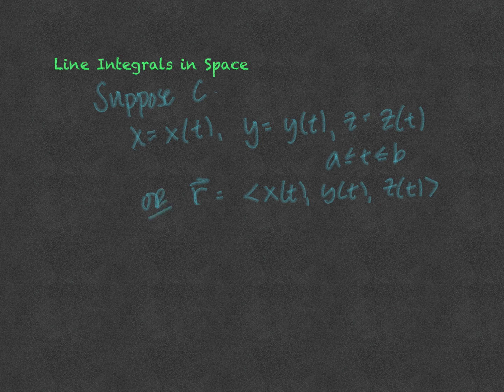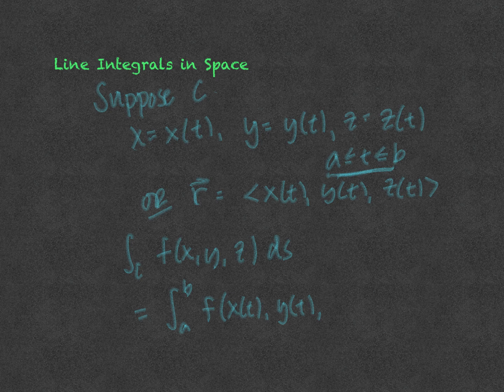So if f is a function of 3 variables and it's continuous, then the line integral is defined as the integral over C of f of x, y, z with respect to s is equal to the integral from a to b. Now that's in terms of t. And you have f of x of t. I hate this notation. It gets so complicated here.